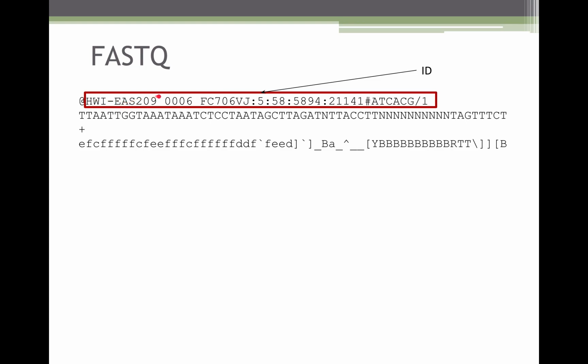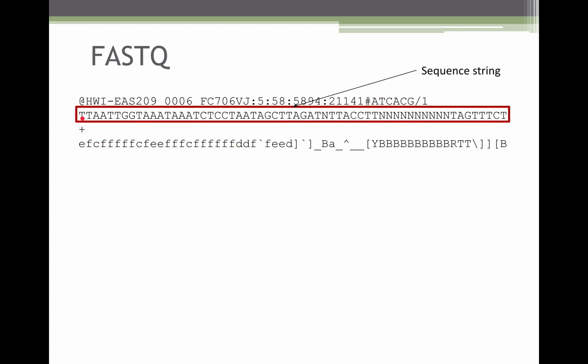And this line has a lot of information about the instrument where this sequence was generated. So it will have instrument ID, the flow cell ID, and coordinates of that flow cell, like which lane and what tile number, and also the X and Y coordinate of that read, and also the index that was used to identify that read.